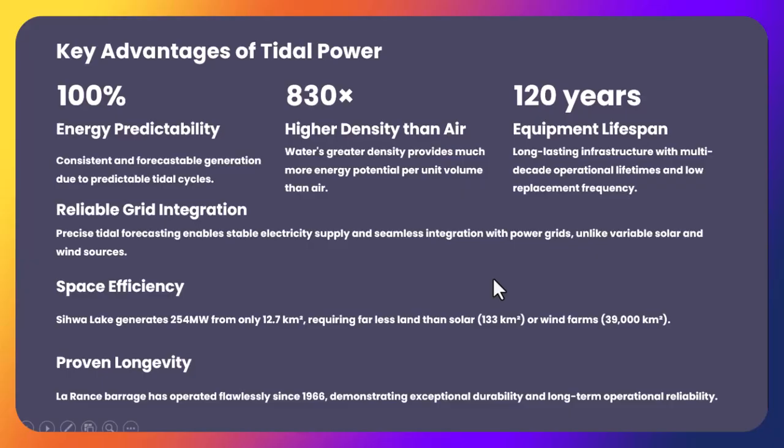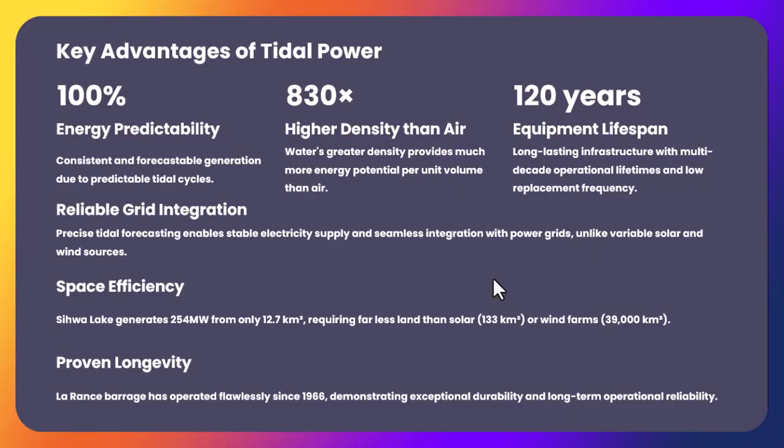Then the advantages of tidal power. 100% energy predictability, which means it will not stop on any particular day. On all the days we have it. Water has higher density than air, so water provides much more energy potential per unit volume than air because it is high density. Then 120 years equipment lifespan, so long lasting infrastructure with a multi-decade operational lifetime.